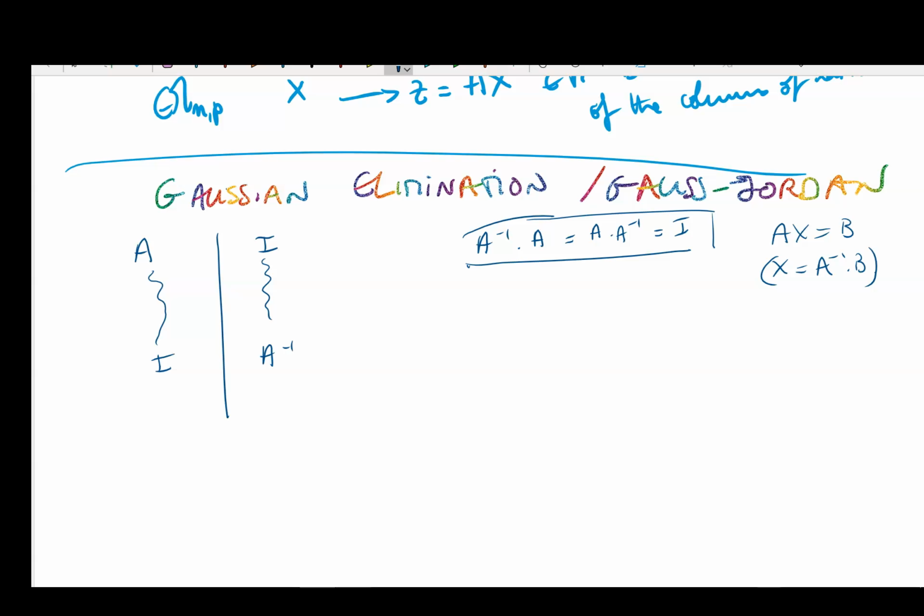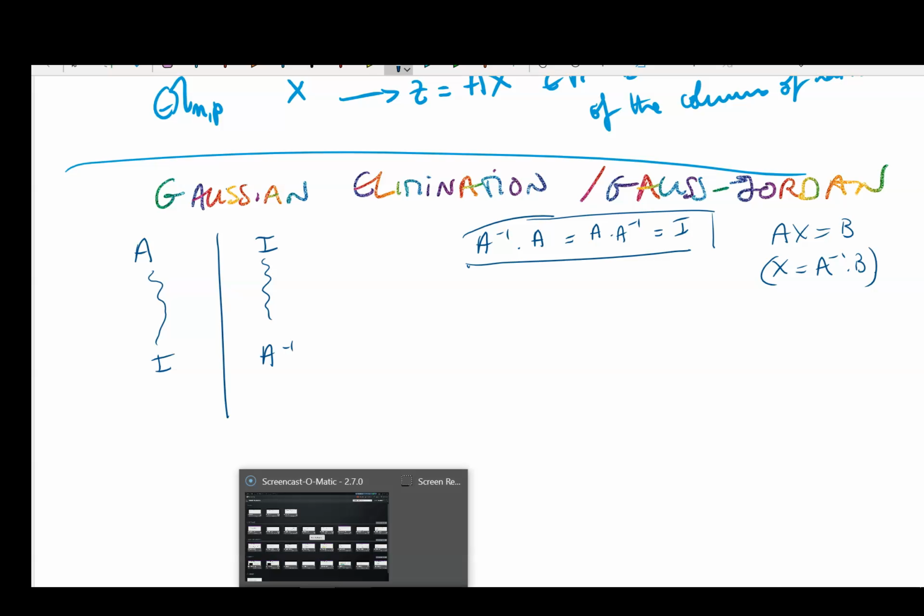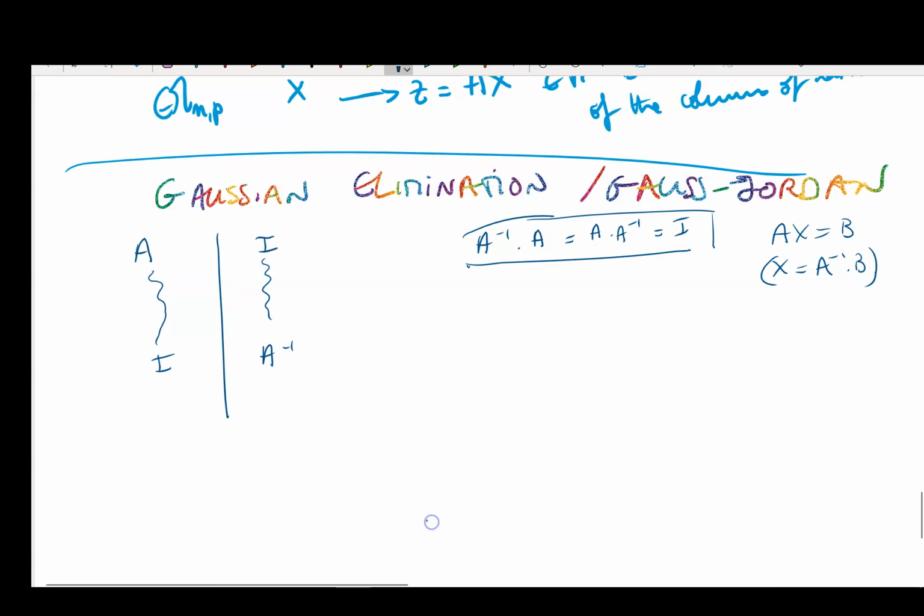How is that done? That transformation from A to I, on that side, is done in two steps, basically. The first step is to transform A into some matrix that is going to have zeros below the diagonal.